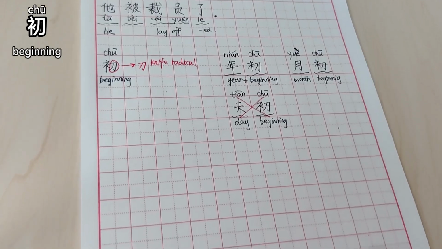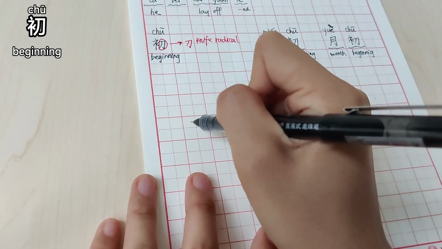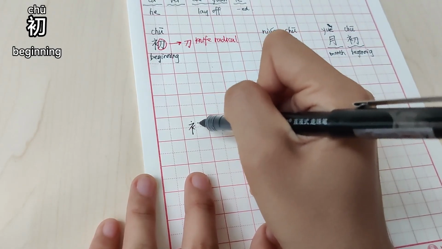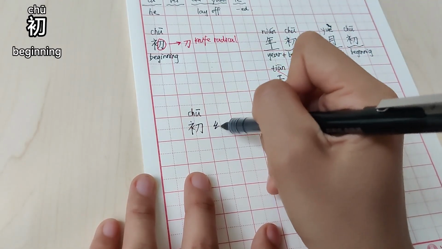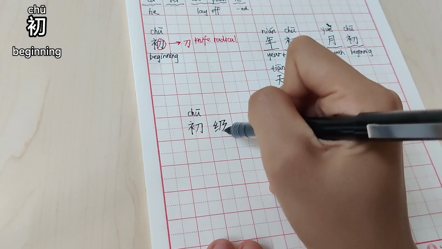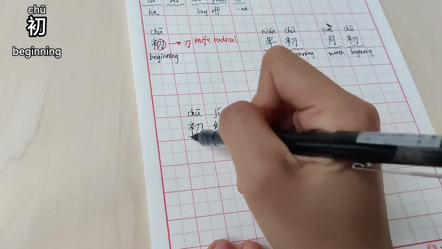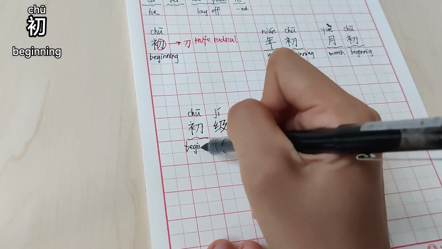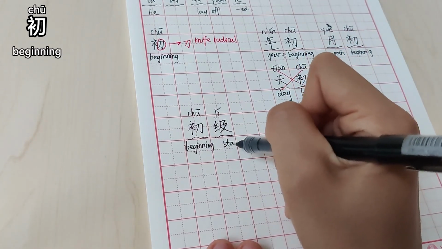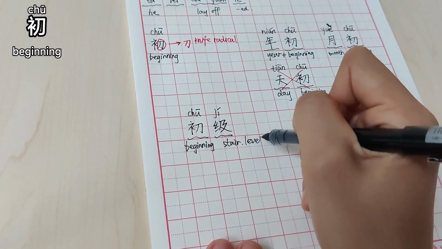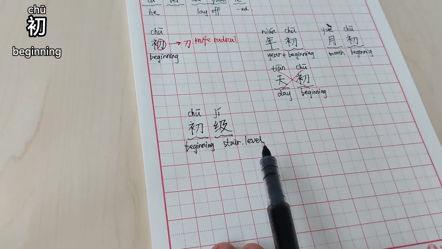And then moving on, some more practical words. We can say 初级. 初 is beginning, 级 is the stair or level, so 初级 is beginning level or beginner level.